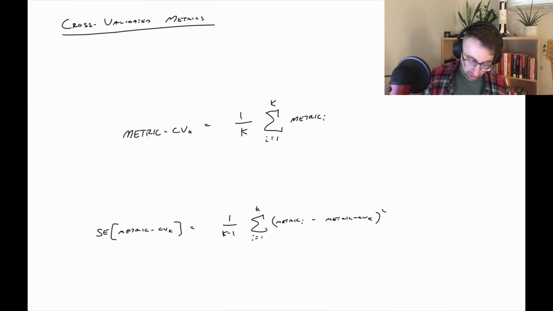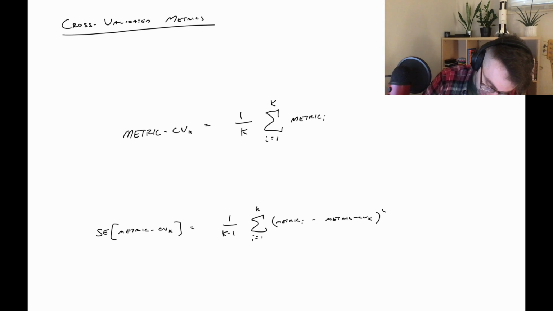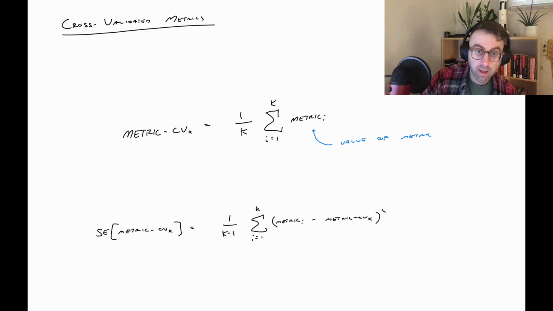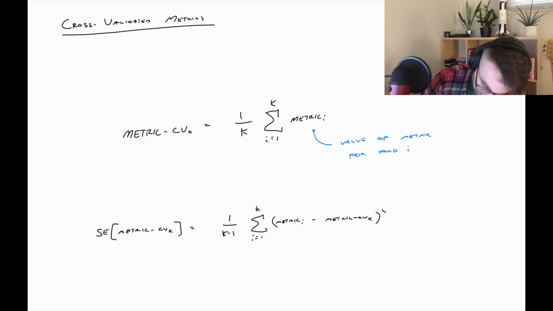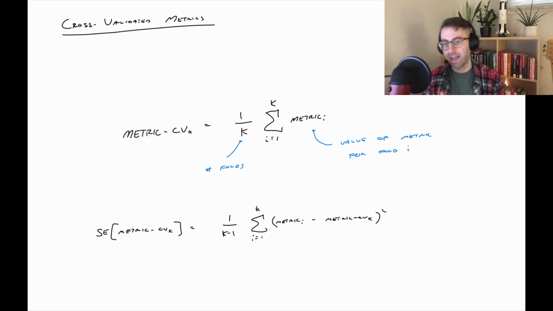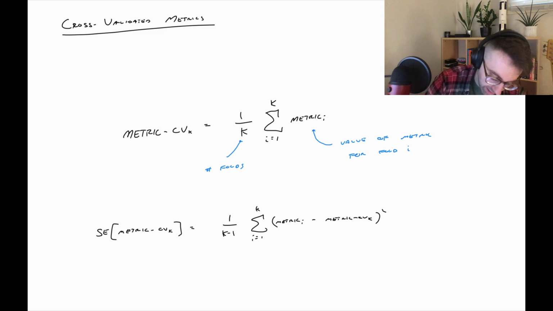Where that idea comes into play is that if we say here that metric sub i is the value of whatever metric you're interested in for fold i, and K here is the number of folds. K is now an overloaded term because sometimes it's the number of folds, sometimes it's the number of neighbors in K nearest neighbors, but hopefully from context that'll be clear.